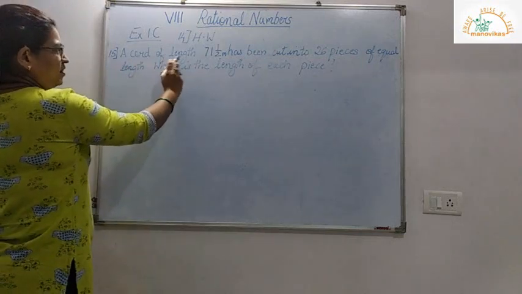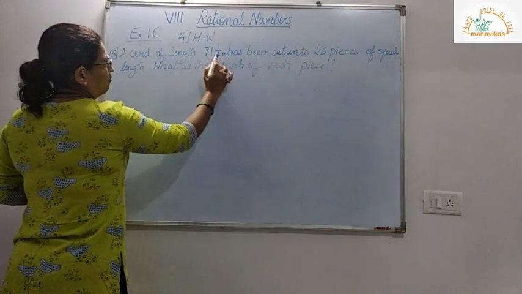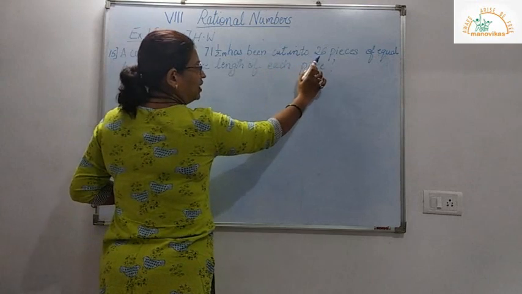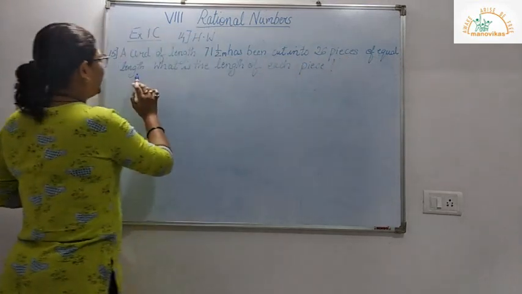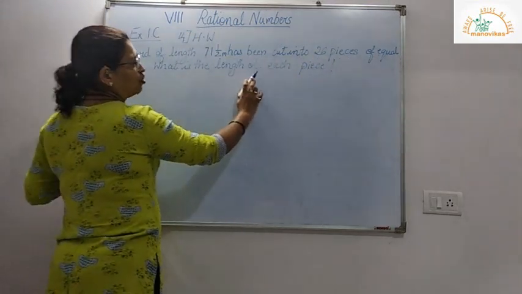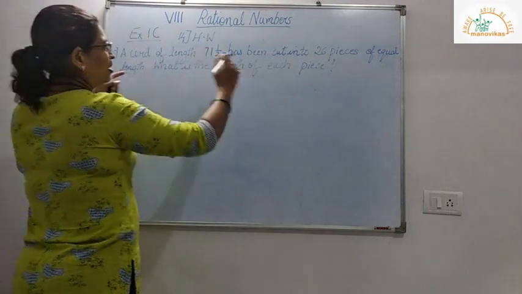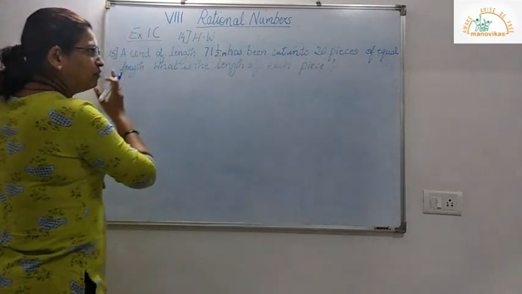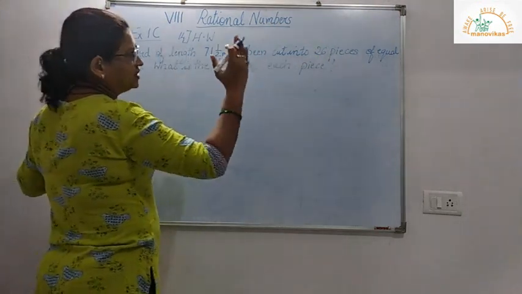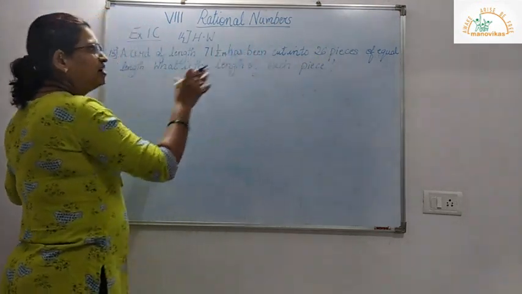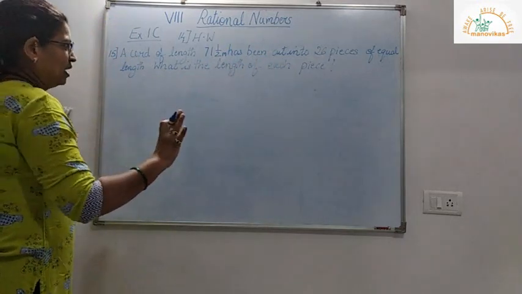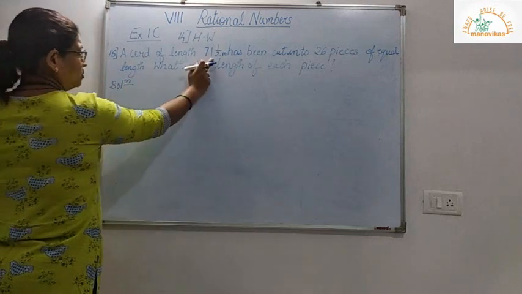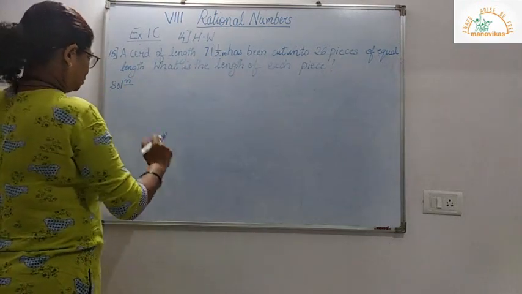A chord of length 71 1 upon 2 meters has been cut into 26 pieces of equal length. Now what is the length of each piece? So we have a chord which is 71.5 meters long, and we have to divide it into 26 pieces and find the length of each piece. So now let me first express the length, which is in mixed fraction, as an improper fraction.